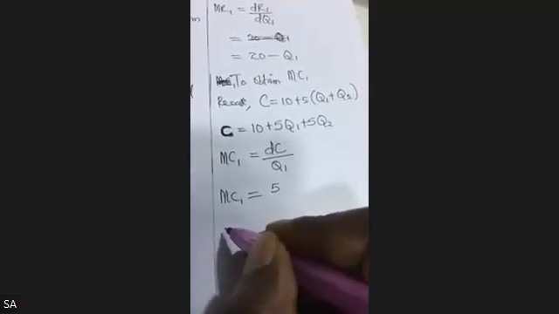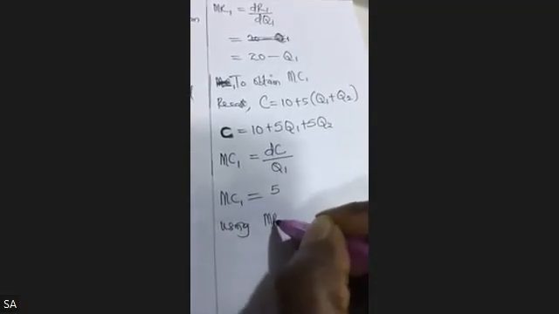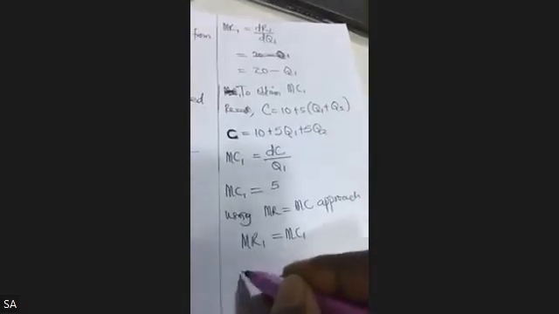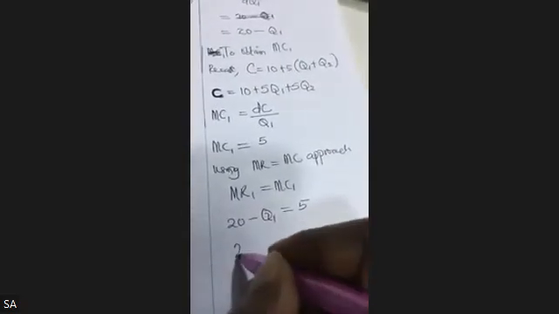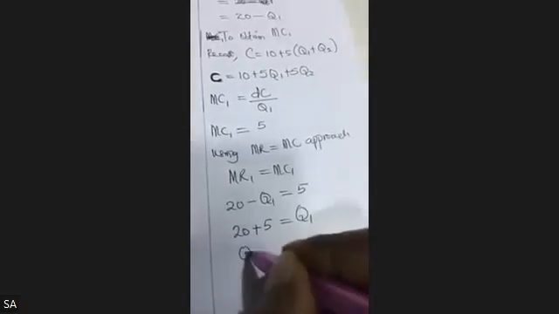Since we are using the MR equals MC approach, as the question asks, MR1 equals MC1. MR1 is 20 minus Q1 equals 5. Take this to this side: 20 minus 5 equals Q1.